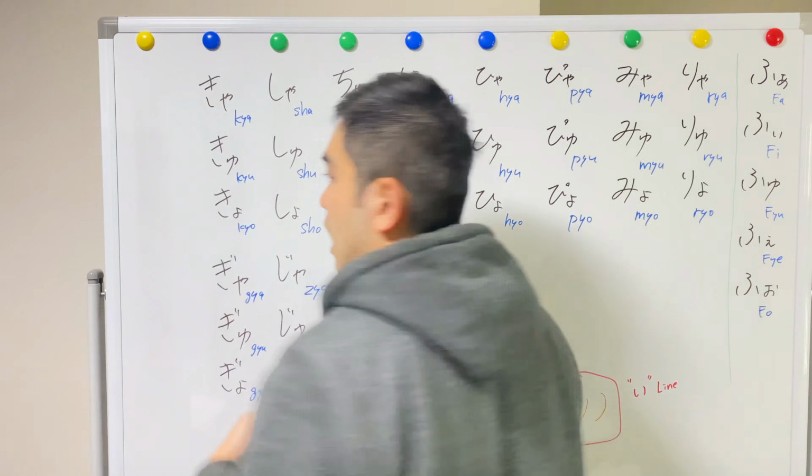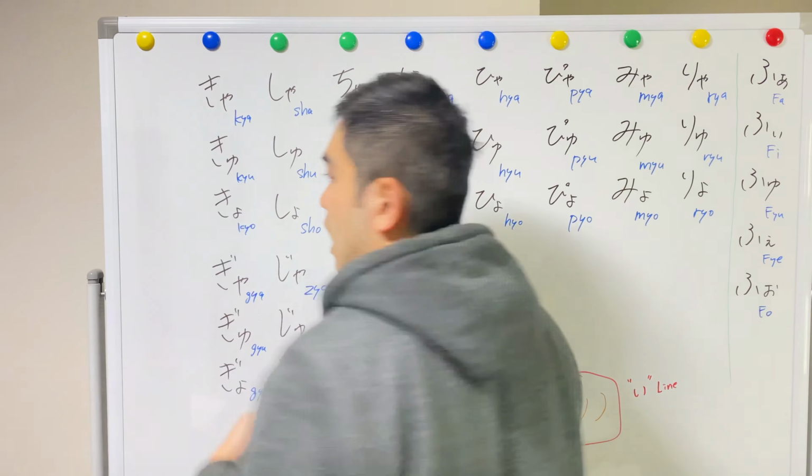Kyo. You want to put a y sound between k and o sound. A lot of Japanese learners say ko, right? But we say kyo like this.